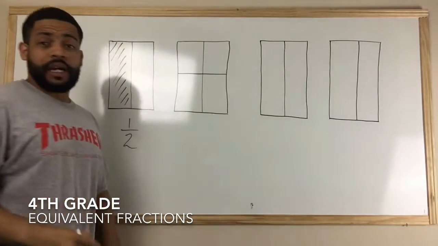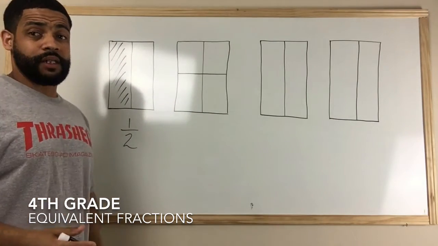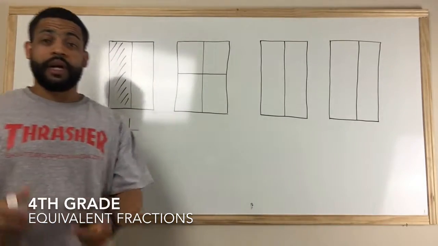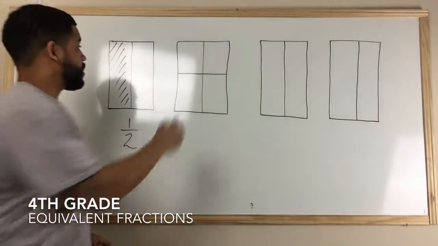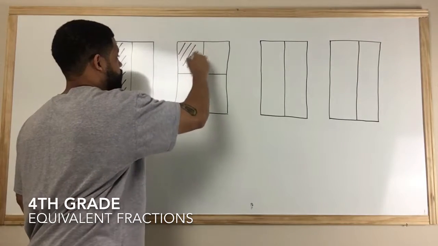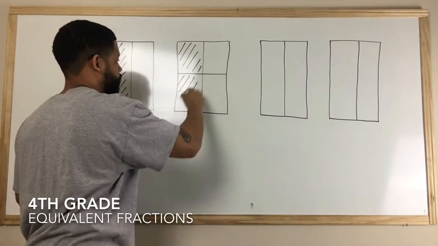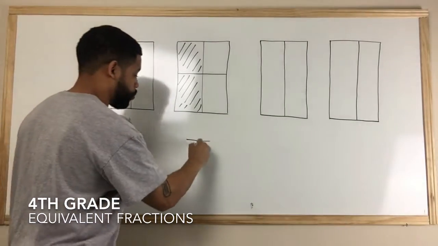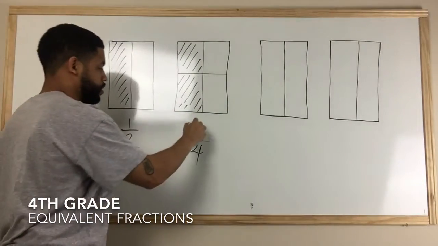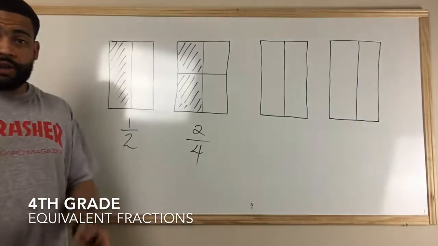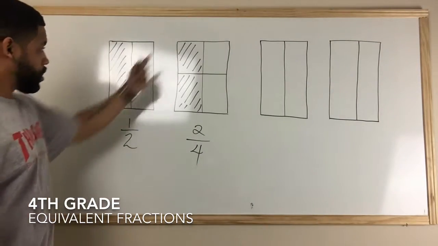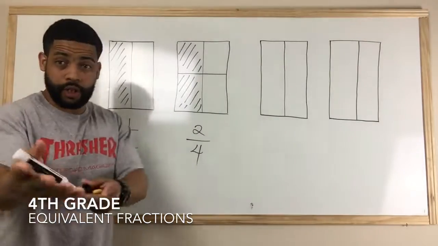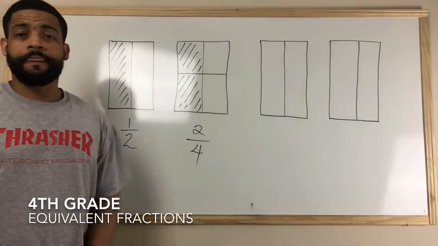Now, if I want to make a fraction that is equivalent or has the same value as 1/2, then I can simply do this. I have 4 total pieces, but 2 of those are shaded in. If you notice, they cover up the same amount of space. So 1/2 is equivalent or equal to 2 out of 4.